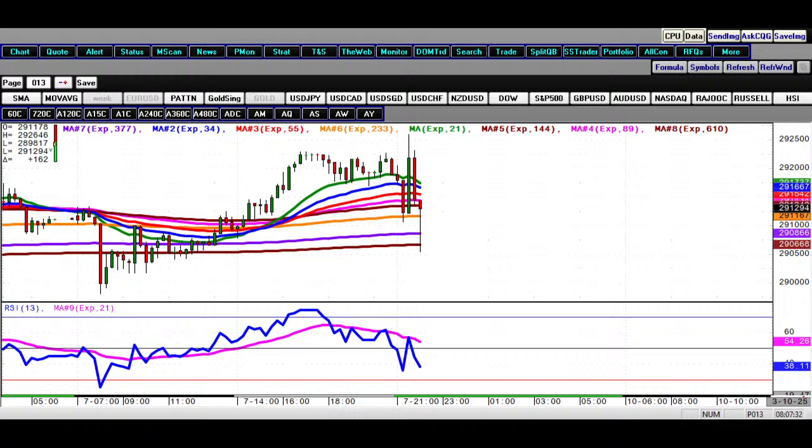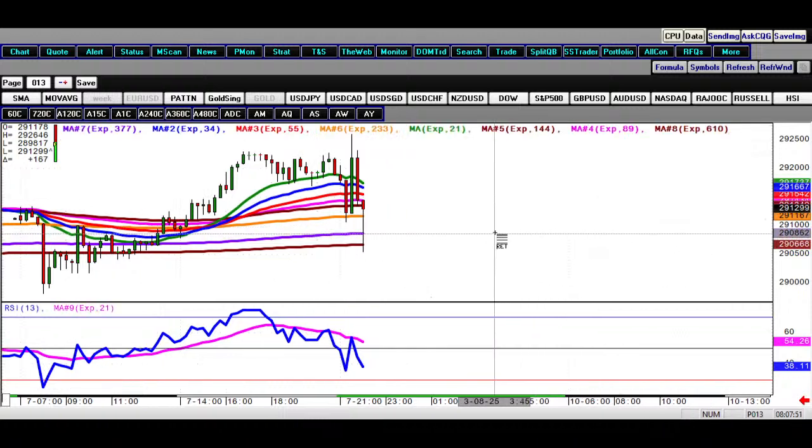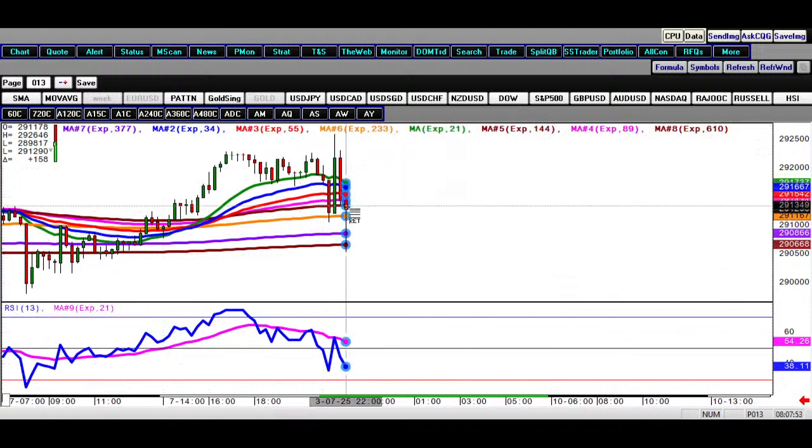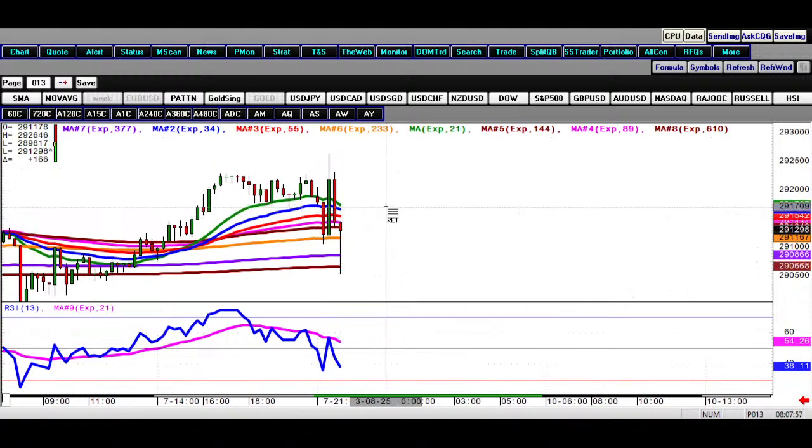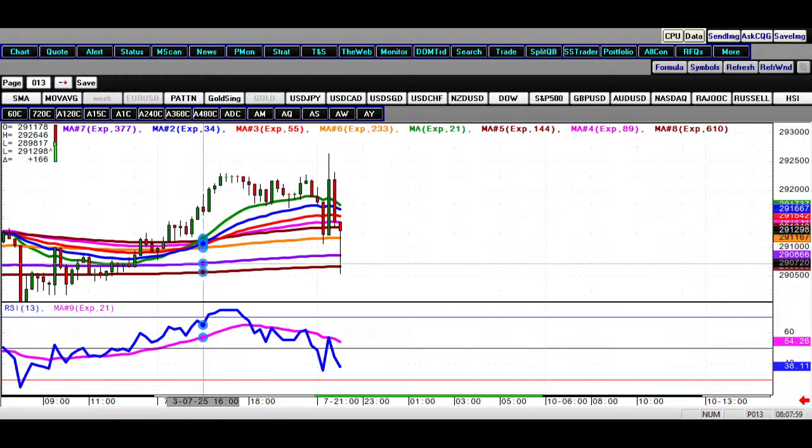Okay, the 13 is filled, 13 half. And this strength should not last more than another 8 minutes.